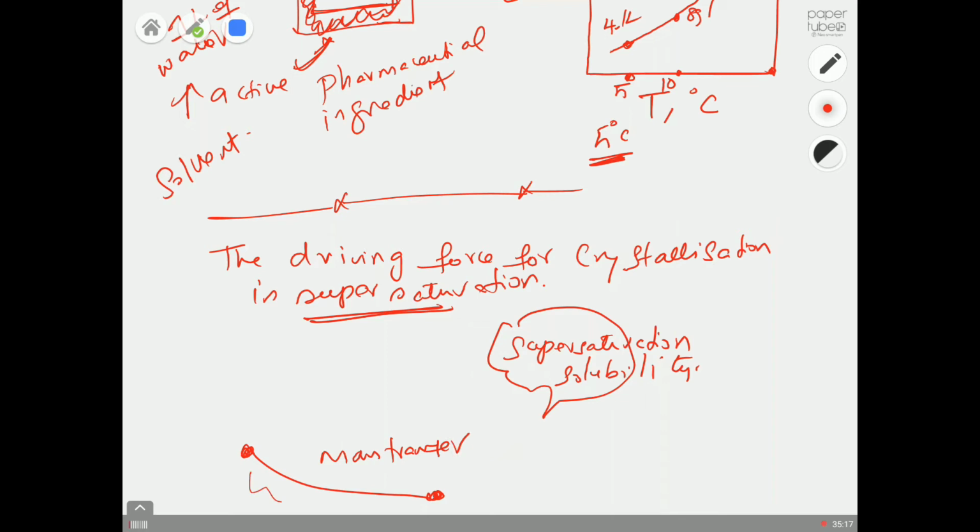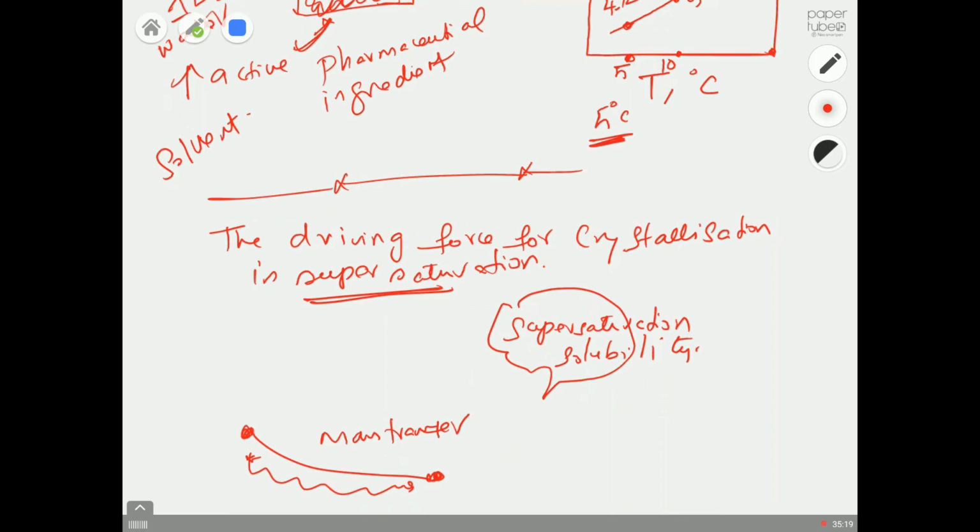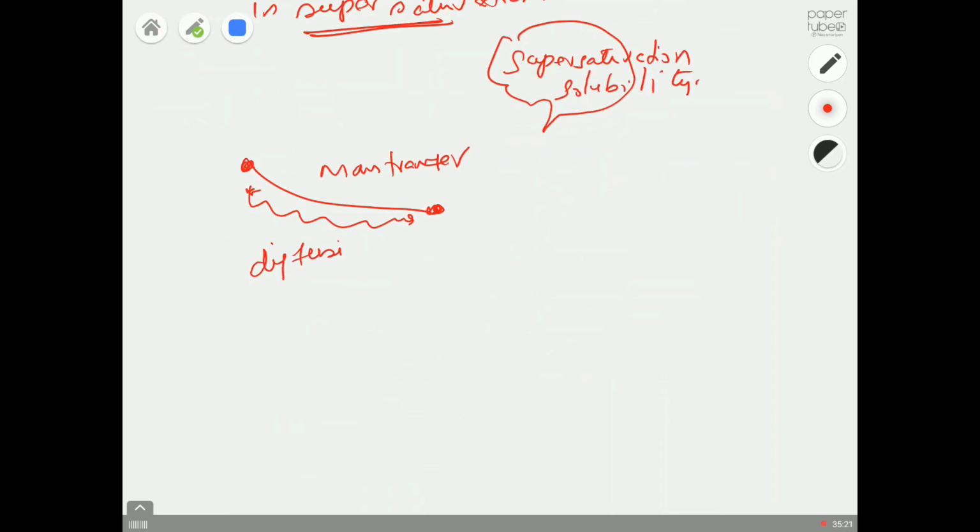We call this a diffusion process in chemical engineering. If something moves from a high concentration zone to a low concentration zone due to a concentration gradient, we call it a diffusion process. But to crystallize, you need something more than this driving force. We need something called supersaturation.